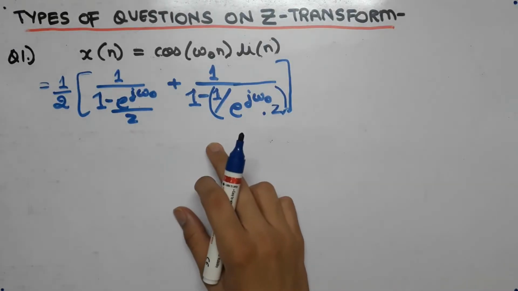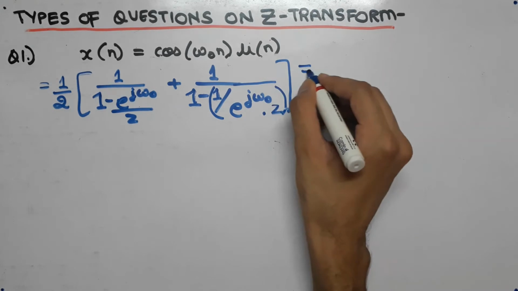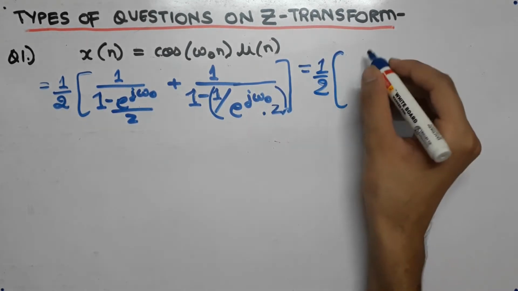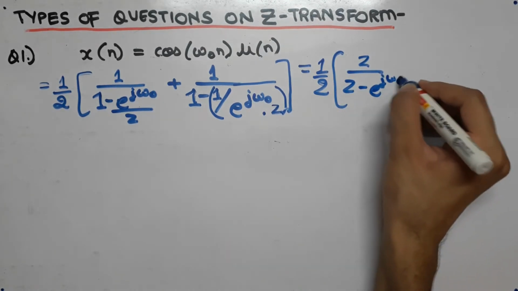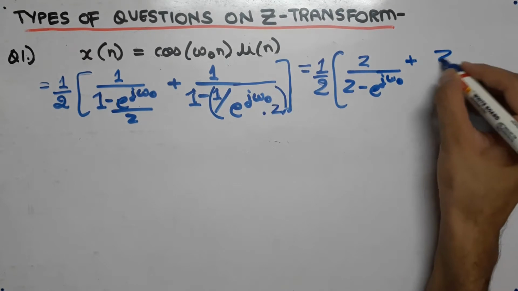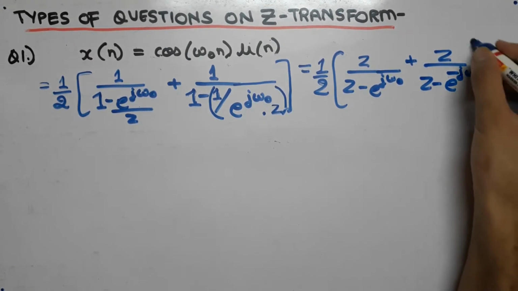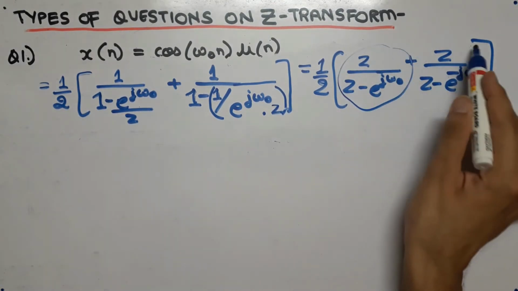Now guys, on previously applying the formula a upon 1 minus r, we got this equation. Now we are going to further rearrange it. On doing that, you will get half into z upon z minus e to the power j omega naught plus z upon z minus e to the power minus j omega naught. Now we are going to further solve this, that is, we are going to add these two.